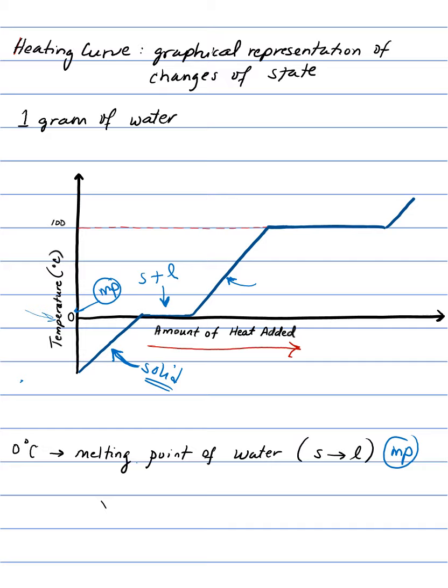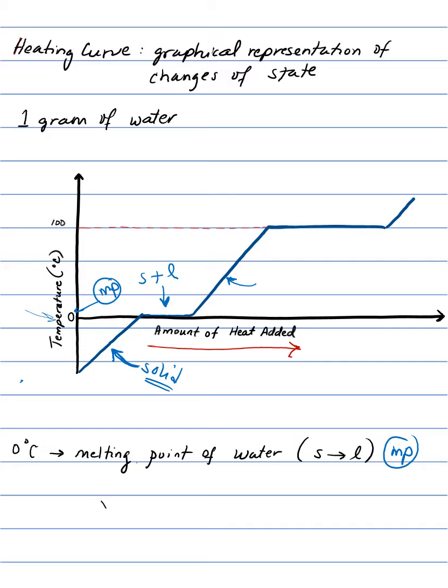So the temperature is not increasing. You see, you have a flat line where you have solid plus liquid. The temperature is not increasing because the amount of heat that is being added is actually breaking attractions between the water molecules. That amount of heat is not being used to increase a temperature. It's used to do something else.